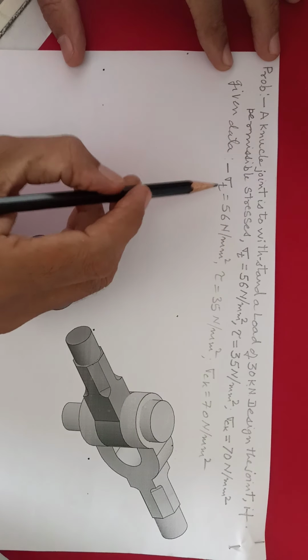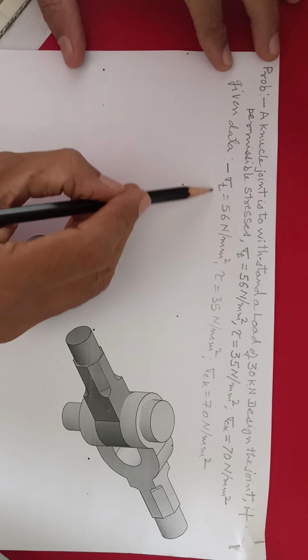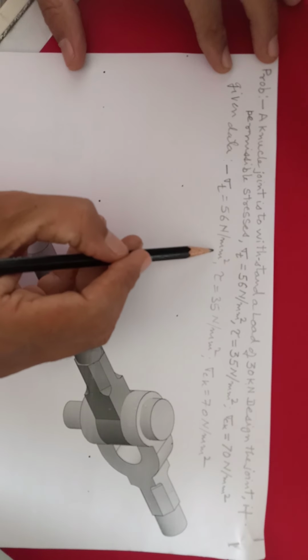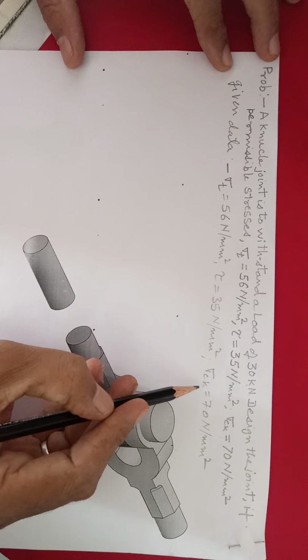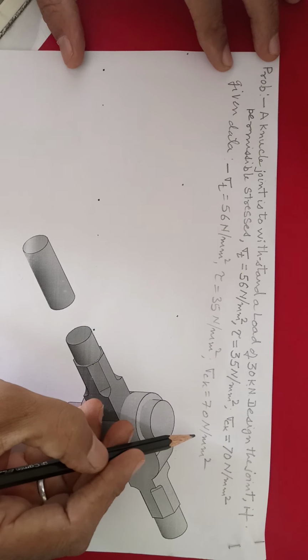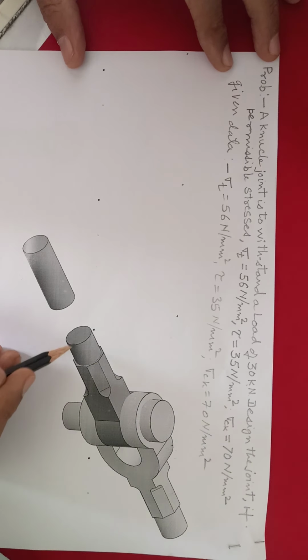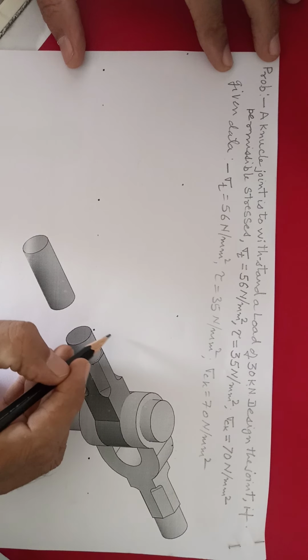We have written the data given: sigma t is equal to 56 Newton per mm square, tau is equal to 35 Newton per mm square, sigma ck crushing stresses 70 Newton per mm square. Now we will consider the rod in tension.